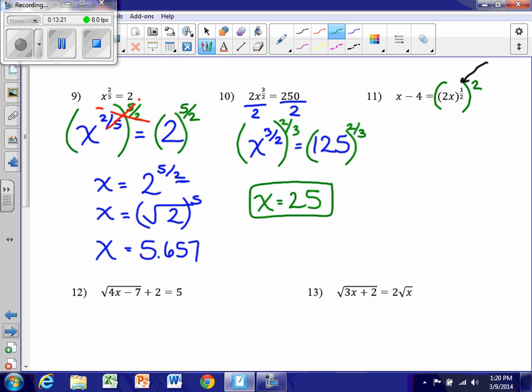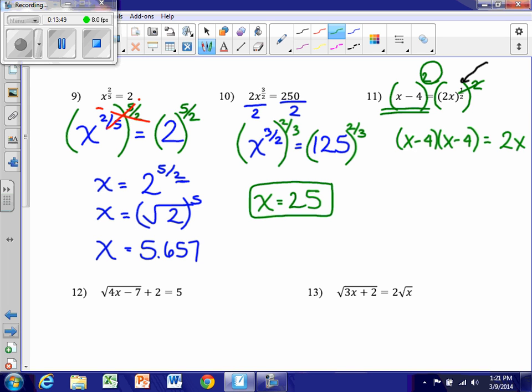Now, if I raise one side to the reciprocal, I have to raise the entire other side to the second. Well, reciprocals cancel, but on the other side, I actually have x minus 4 squared, which means I really have x minus 4 times x minus 4 equals the 2x.